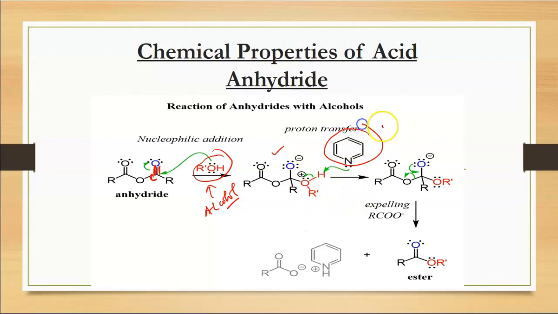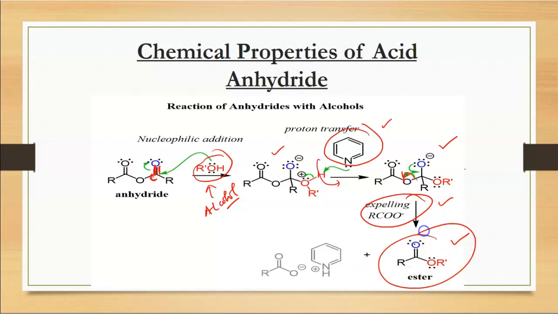This pyridine, acting as a base, will abstract this proton over here and will result in this structure. After this structure, we will do the same step as we did in the previous hydrolysis mechanism. We will expel the carboxylate anion like that. Similarly, we will get our main product, that is the ester, and the side product will be this.